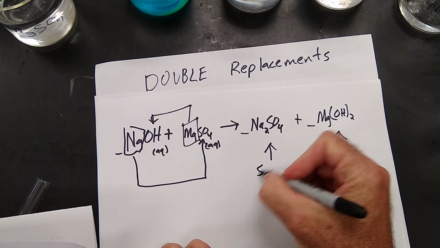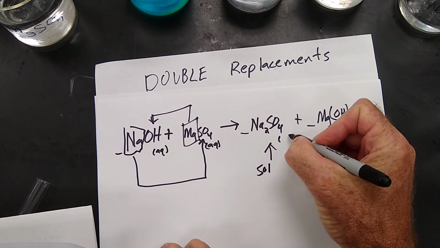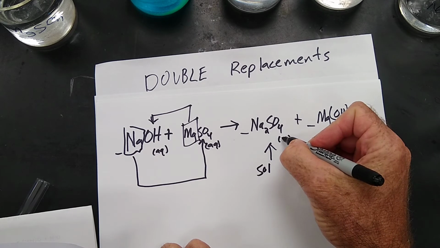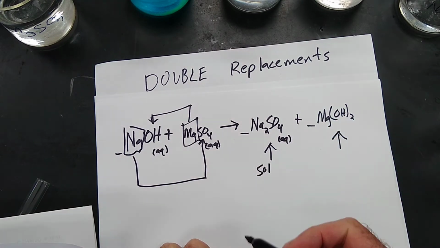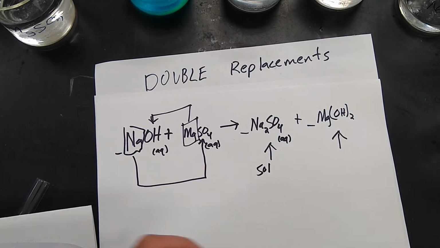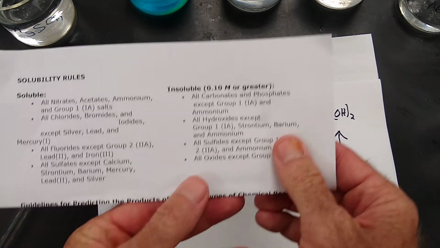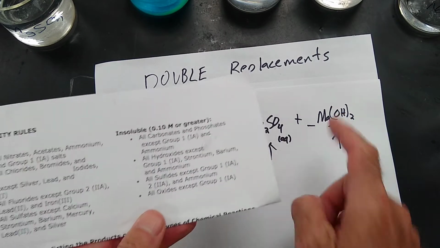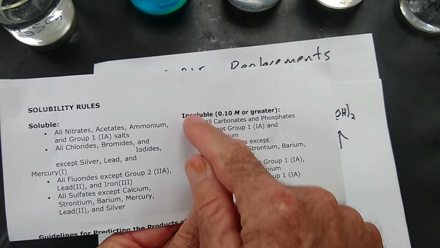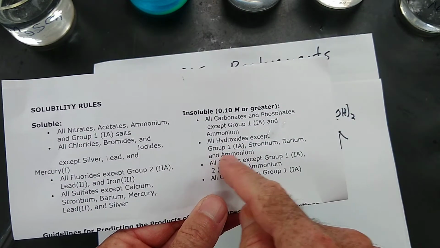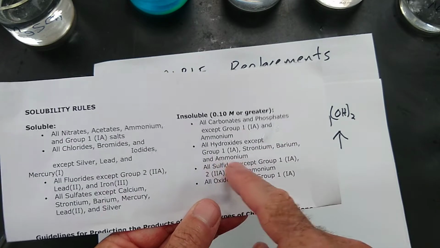Since that's soluble, what am I going to put right here? AQ for aqueous. Let's go to magnesium hydroxide. All hydroxides are insoluble except group 1, strontium, barium, and ammonium.